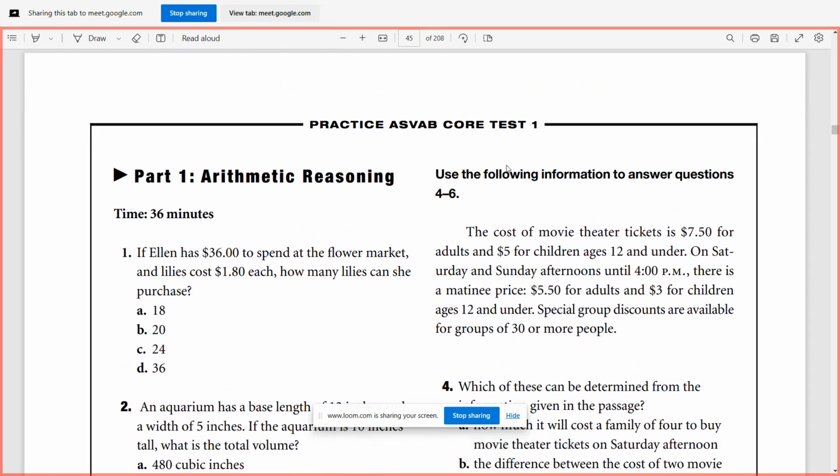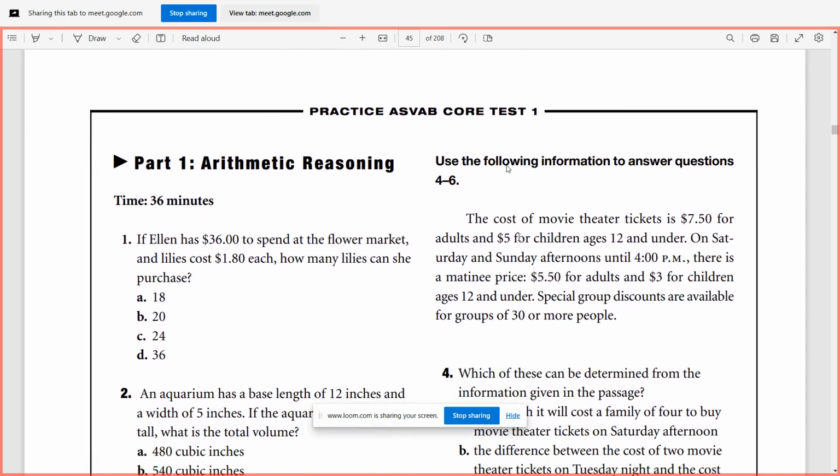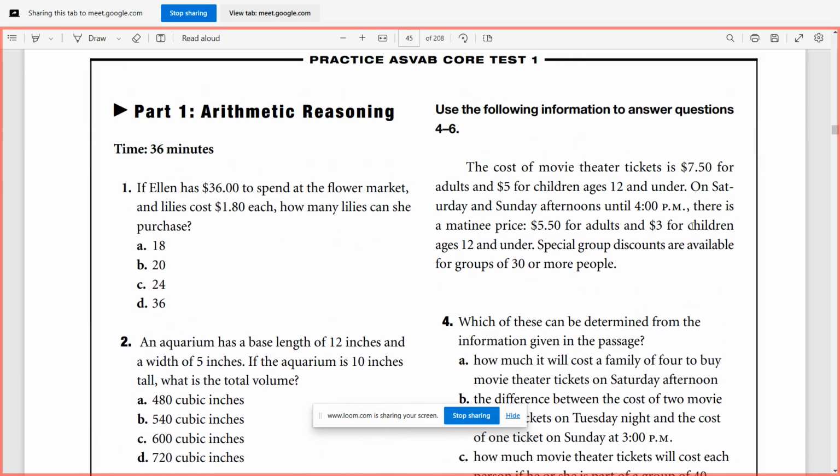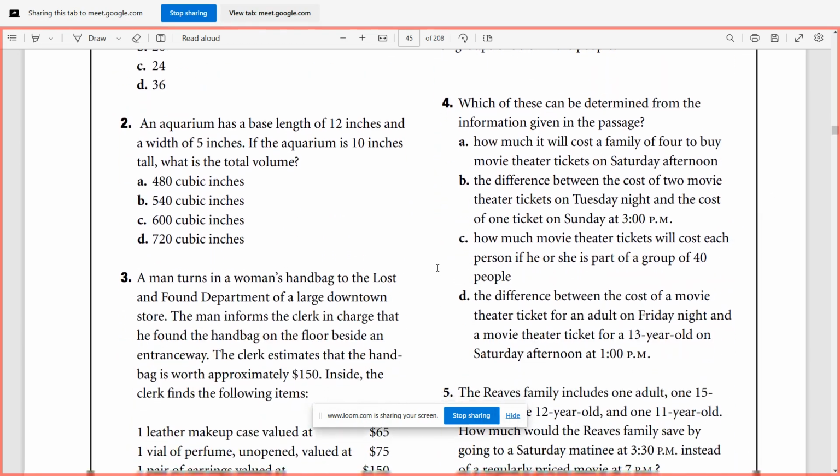So go back up here. And it says there is a matinee on Saturday and Sunday afternoons until 4. So 3 p.m. on a Saturday afternoon is still going to be the cheaper price. So that cheaper price is $5.50 for adults and $3 for children. Okay, so that's the information that we're using.